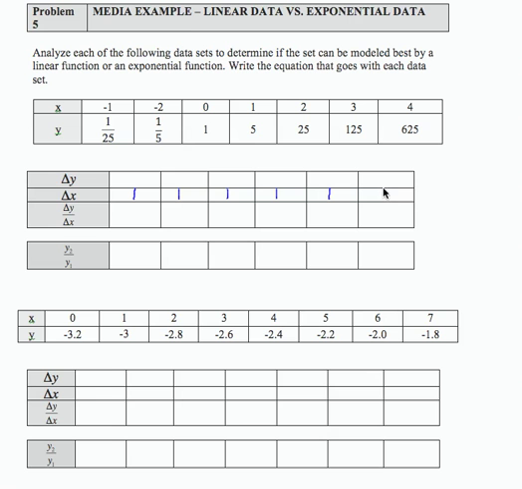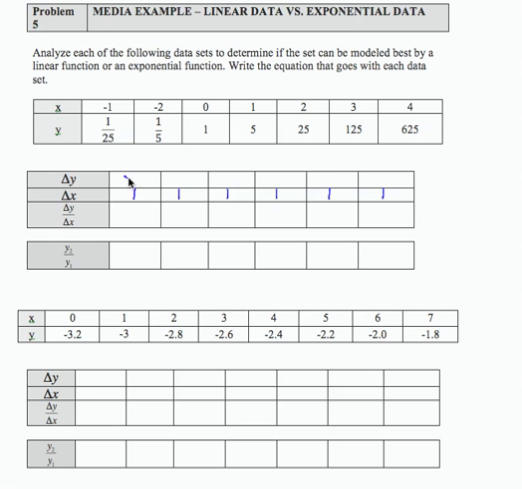And what you might want to do here is to stop the video momentarily and go ahead and write these tables down, because they're not included in your workbook, but they will help you to analyze the data sets appropriately. The next thing I'm going to look at is the change in y for each one. So I'm going to look at the change in y between 1/5 and 1/25, 1 to 1/5, 5 to 1, 25 to 5, and I see that there is no pattern in the change in y.